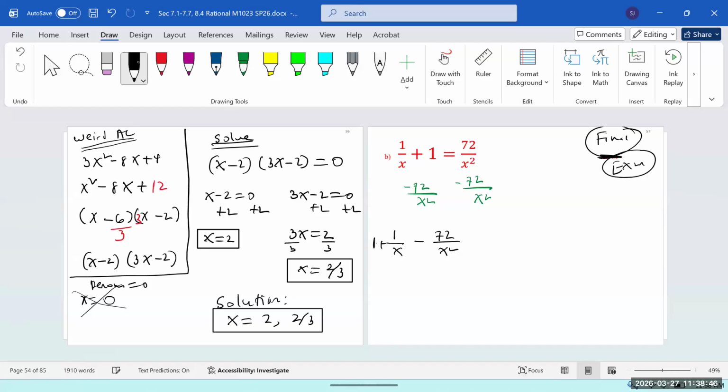Let me write the plus 1 here. So we have order 1x and then 2x and then plus no x. The order doesn't matter, but it will be helpful to factor if you have the order at the beginning. Jasleen, what's the LCD? X squared. So what did you do with the first denominator?